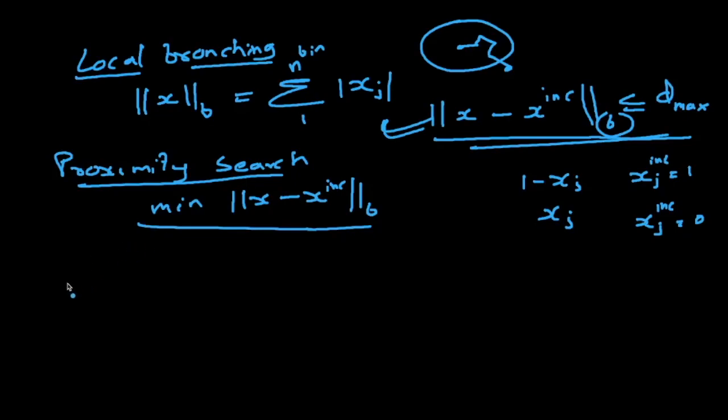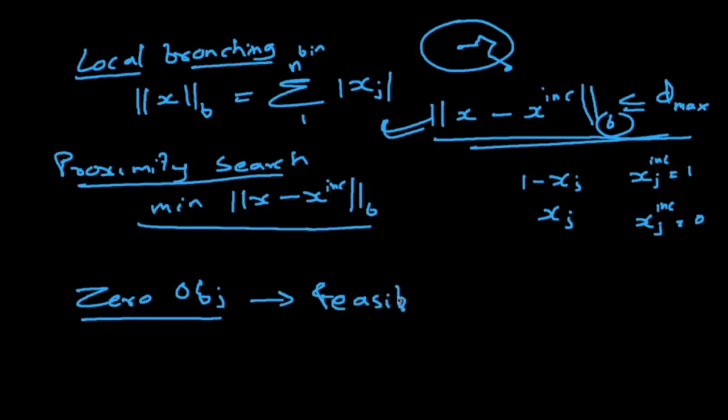Then the third one is even easier to understand. It's called zero objective. Its name itself should make things clear. Basically we remove the objective completely, and now my instance has been turned into a feasibility instance. So regardless of whether I have any solution or not, I can use zero objective.